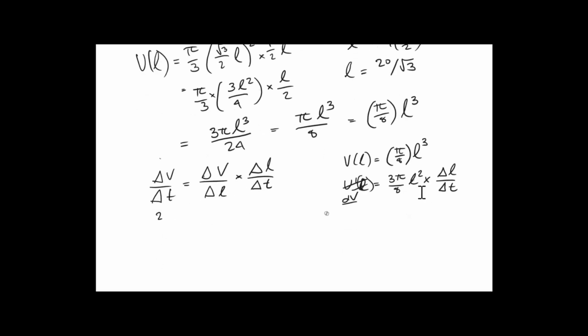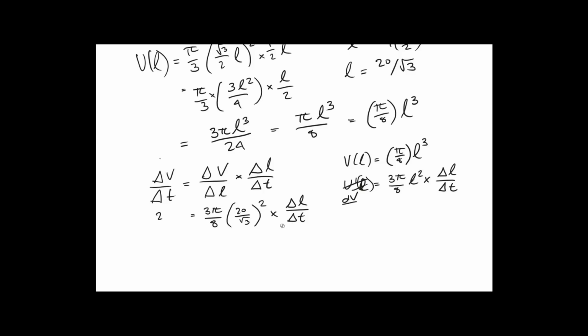And we know that L is going to be 20 over square root of 3. So this is 3 pi, sorry, my computer's glitching out today, times 20 over square root 3 squared, because that's going to be L, times the change in L over the change in time.